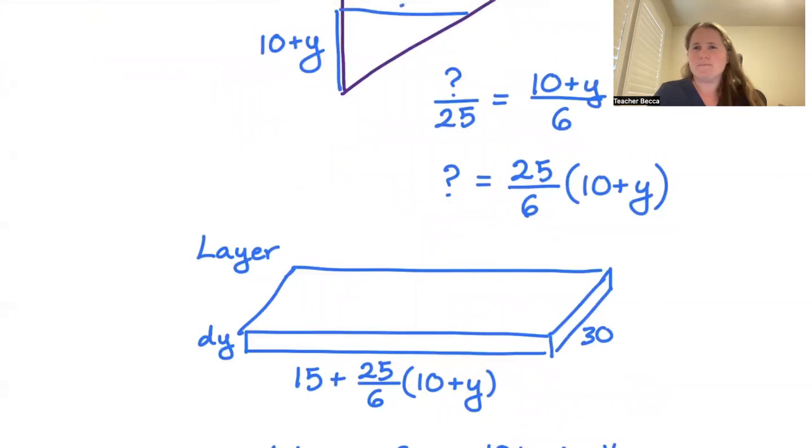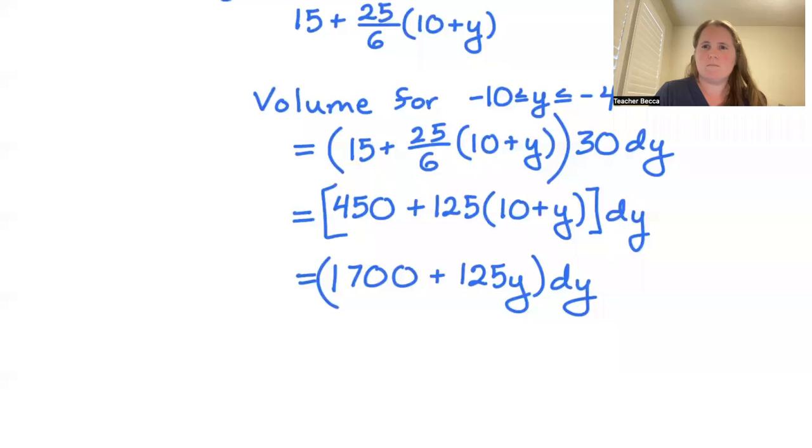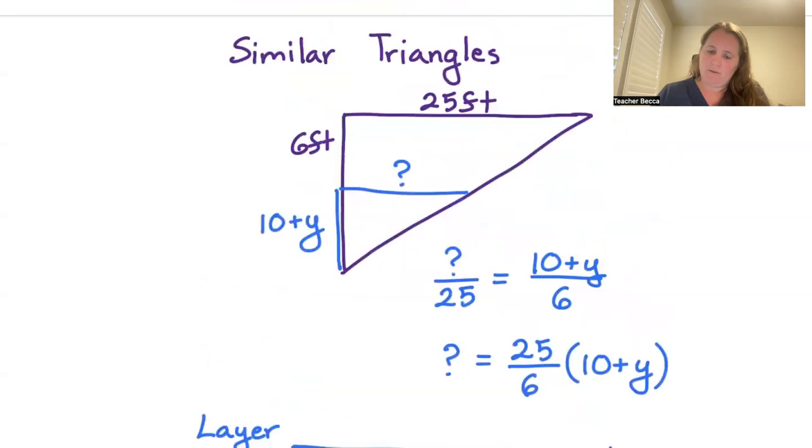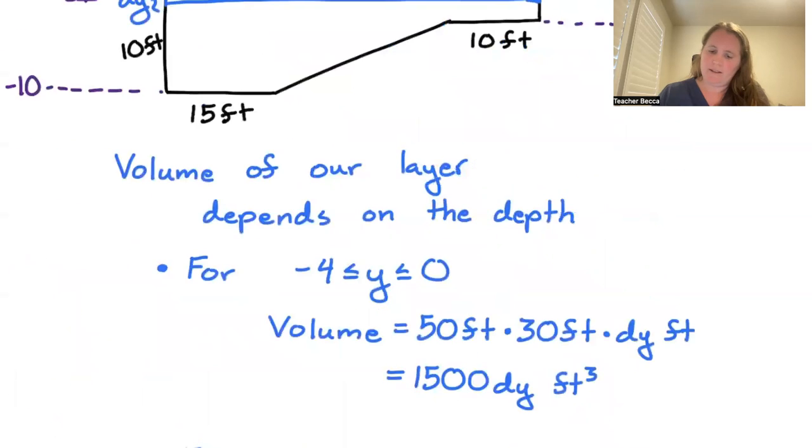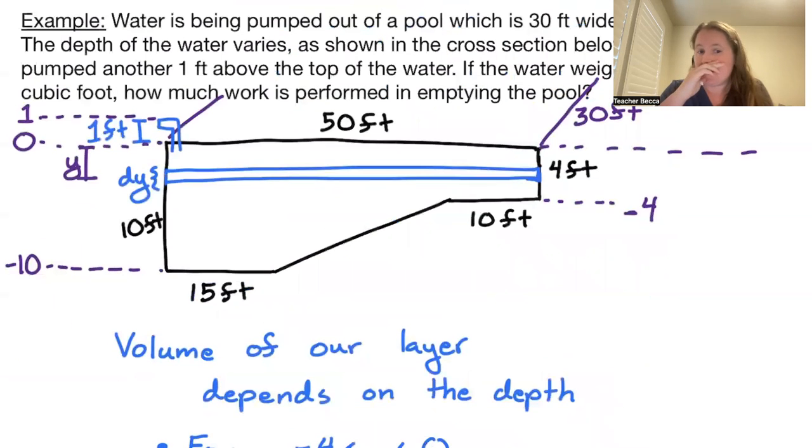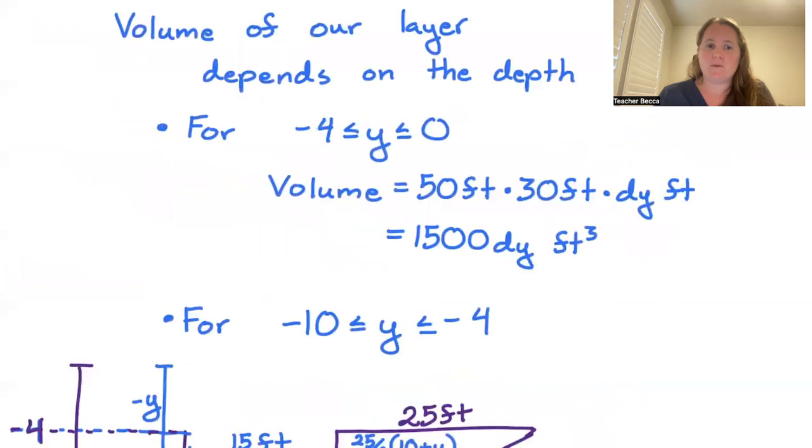One moment. Never mind. It is fine. So this would be for less than, so we don't have conflict. We go from -10 less than or equal to y to less than -4. At -4, we suddenly add another 300 times dy due to that sudden jump in length. So that does give us what we were looking for in terms of volume.